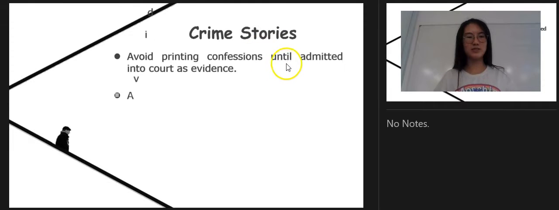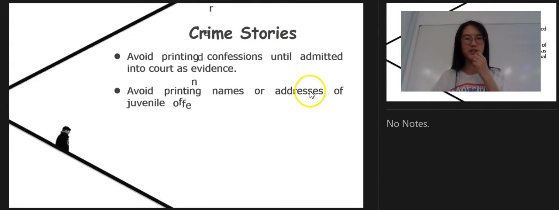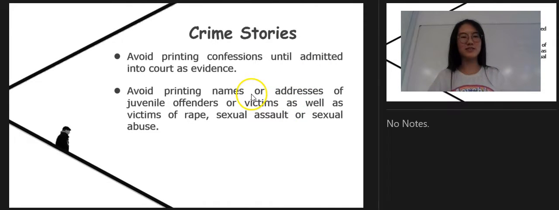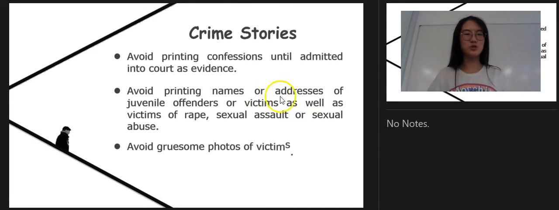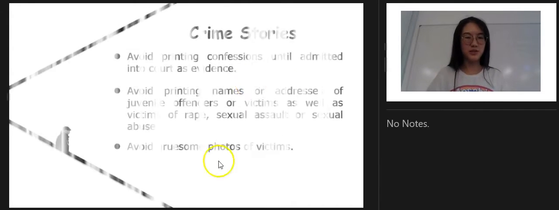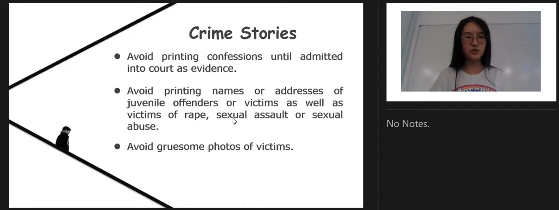And the crime stories. You need to avoid printing confessions until admitted into the court as evidence. You cannot just choose what you want and put it in. It needs to be admitted. And also the names, the addresses, and the photos of the victims may be used if they agree with it.